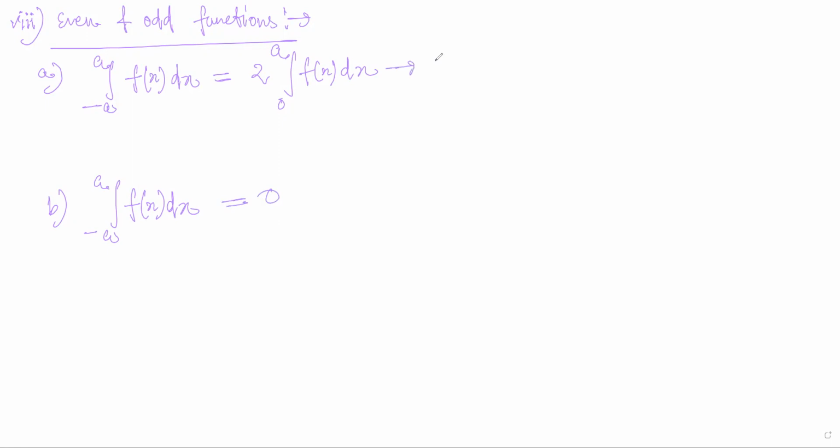We will get it if this function is even, if fx is an even function. So first we need to understand what is an even function. Can someone tell me what is an even function? An even function or odd function?